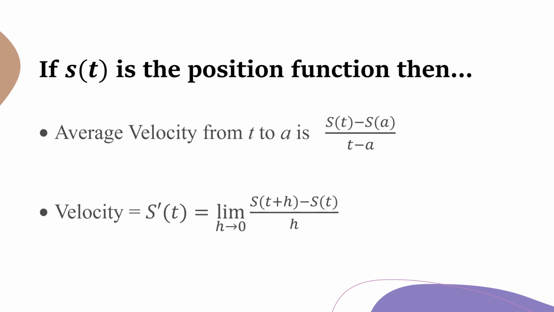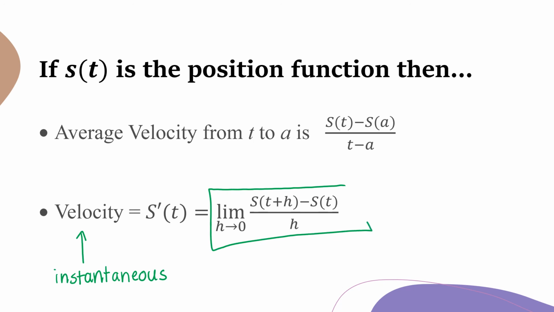So a frequent application of this is s of t, the position function, where the average velocity from t to a is equal to just this average rate of change. So s of t minus s of a over t minus a. And the velocity, and this is the instantaneous velocity, but we'll just call it velocity, is equal to s prime of t, which is the limit as h approaches 0 of s of t plus h minus s of t over h.